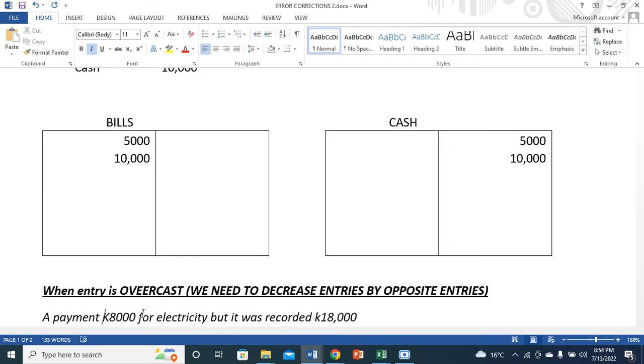Right, so as an accountant, or as a bookkeeper, there might be errors, right? Errors occur every time in real life. So you as an accountant, you have to know how to correct these errors. Maybe someone has recorded something wrong. You have to know how to correct those errors. So that's the topic, error correction. Whenever there are errors, we're seeing how we correct them.